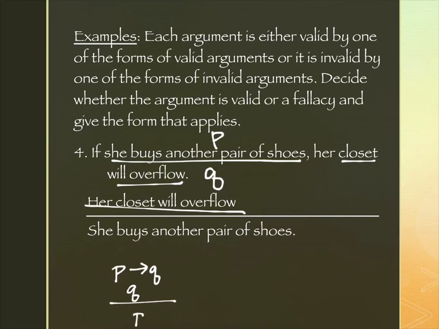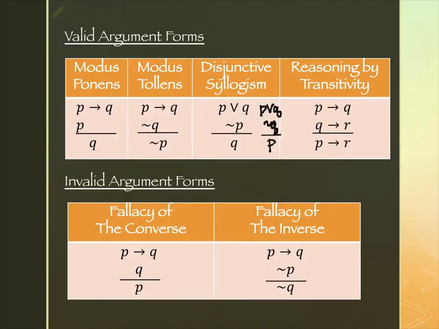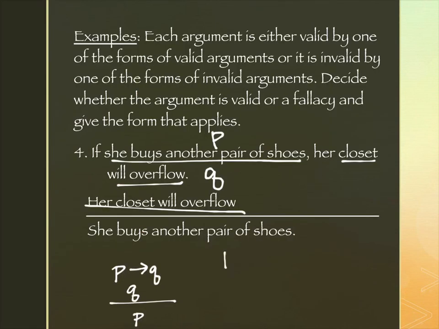So that's P. And we just match it. Which one of these 6 forms does it match? Fallacy of the converse. So this is invalid by fallacy of the converse. This might be your favorite thing in the whole lesson, right? It's just a matching exercise.